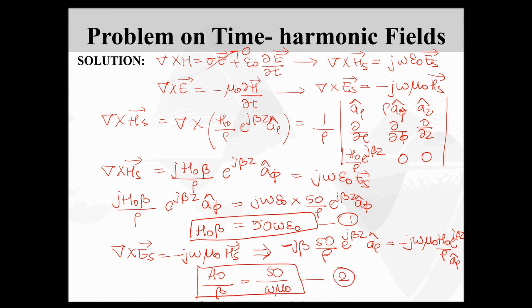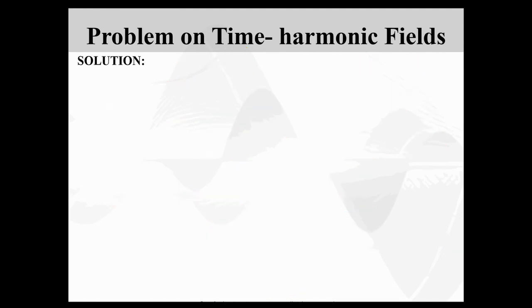Let us mark this as equation 2. So having marked those two equations, multiplying equation 1 and 2, we get h naught square is equal to 50 square times epsilon naught by mu naught.